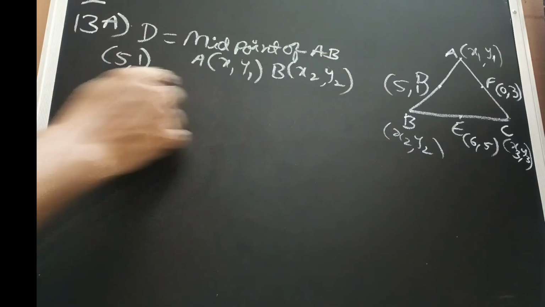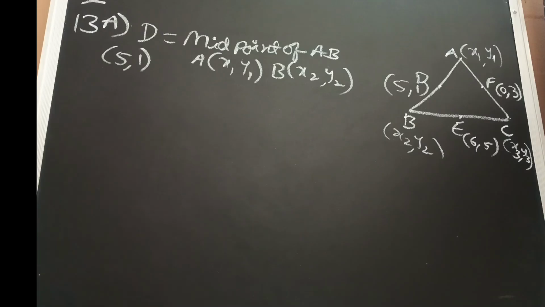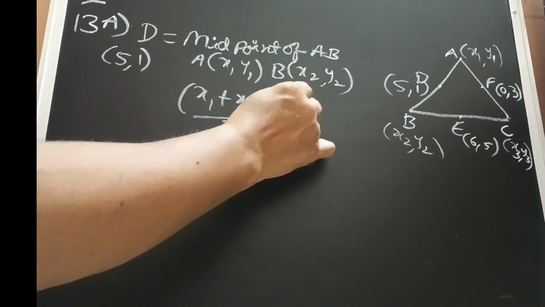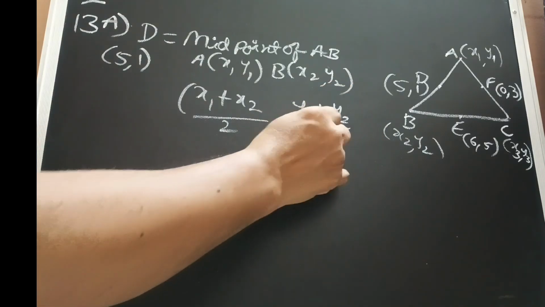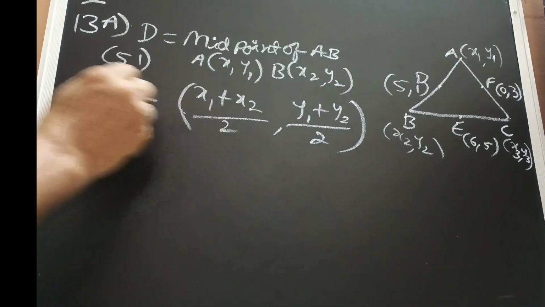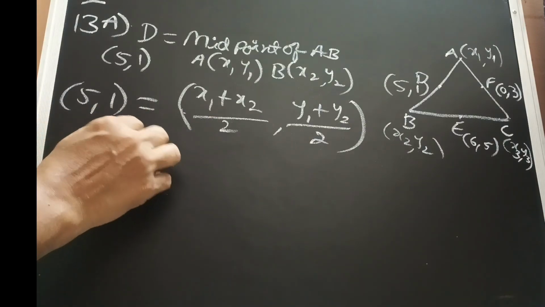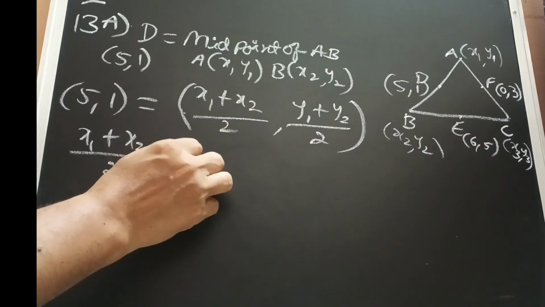So what is the midpoint formula? It is ((x1 plus x2) by 2, (y1 plus y2) by 2). Substitute in the formula. The x coordinates are equal, so x1 plus x2 by 2 is equal to 5.